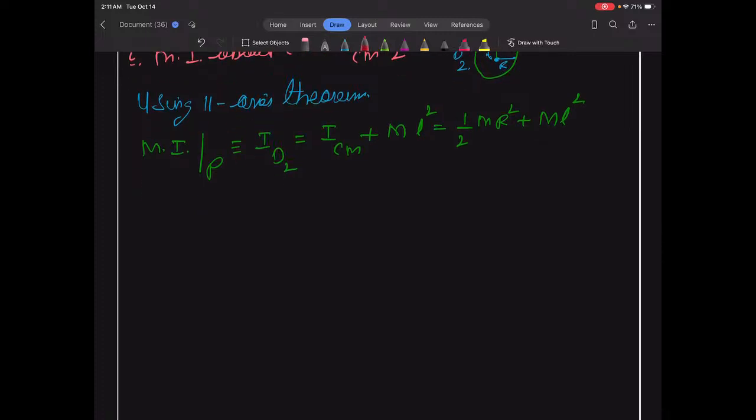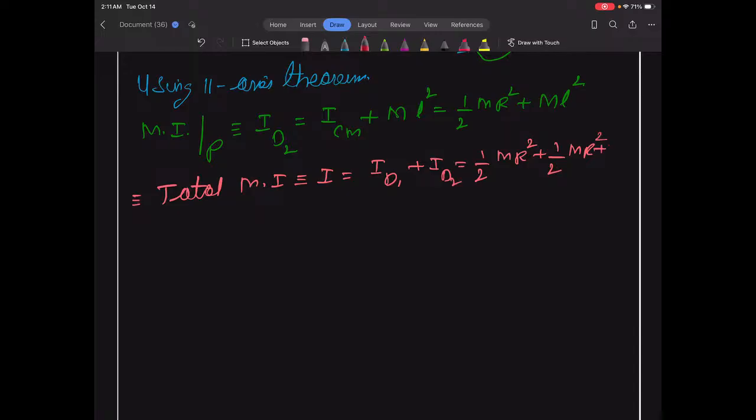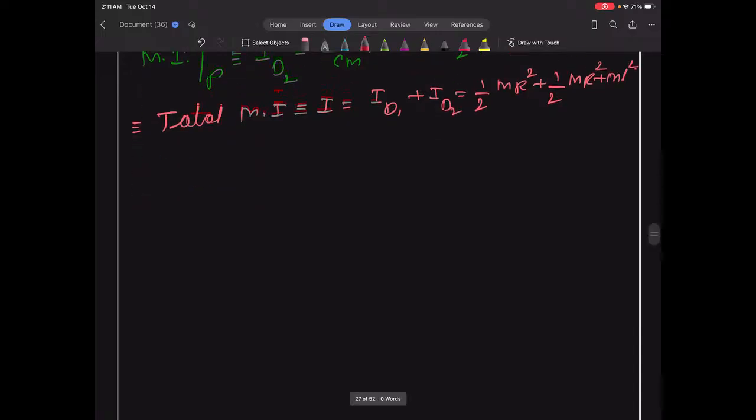So the rod is massless, so it is not going to contribute any to moment of inertia. Therefore, we can say that our total moment of inertia which we have considered as I will be equal to our moment of inertia of disk 1, moment of inertia of disk 2, and this comes as our half m r square plus half m r square plus ml square.